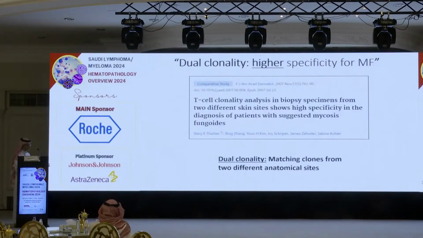For example with gamma delta PCR, we do 2 tests from 2 different sites, preferably at 2 different times. If we have exactly the same clone at different sites and different times, this would suggest a neoplastic process, more of mycosis fungoides. While if there are different clones, or the clone disappeared, this is more of a reactive condition.